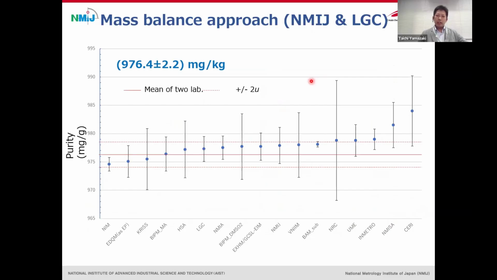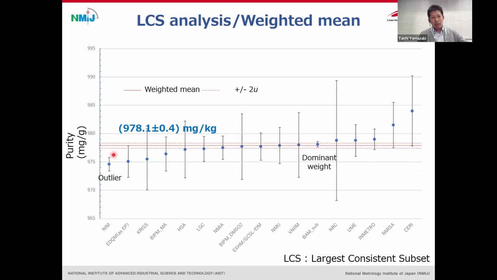This is the last result of the comparison. The difference value is determined by the mass balance approach. Almost all laboratories are in good agreement with the mass balance approach. And we evaluated another analysis: the weighted mean is a small reference value.